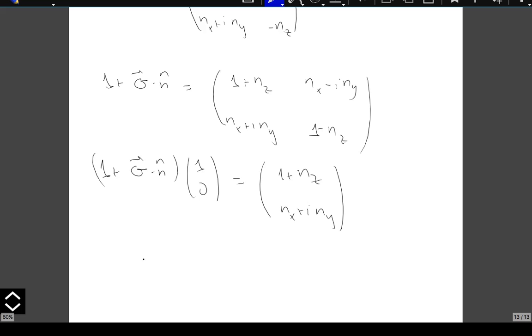Let me write it explicitly. n is a unit vector pointing in some direction with angles theta and phi. nz is cosine theta, and nx plus i ny is sine theta cosine phi plus i sine theta sine phi.